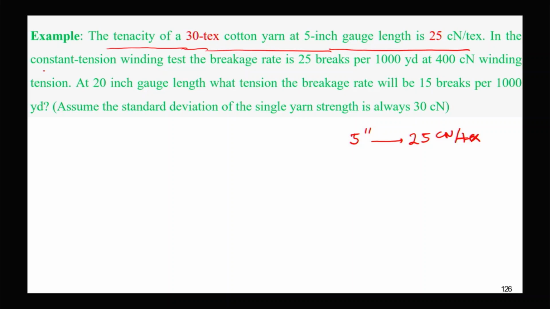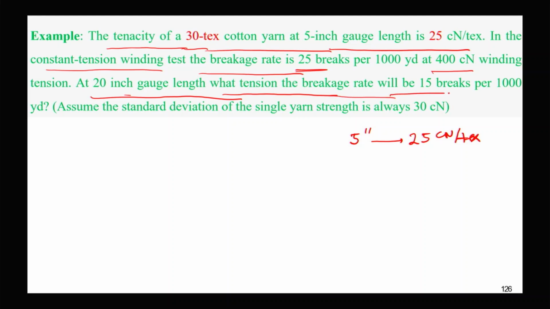In the constant tension winding test, the breakage rate is given as 25 breaks per 1000 yard at a tension of 40 centinewton. At 20 inch gauge length, what is the tension required for the breakage rate to be 15 breaks per 1000 yard?